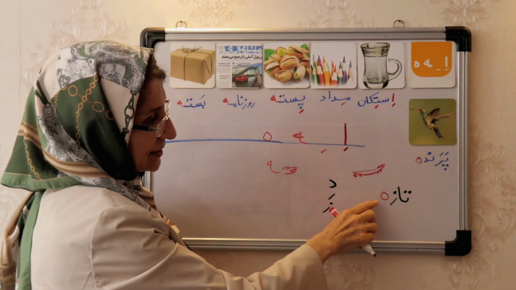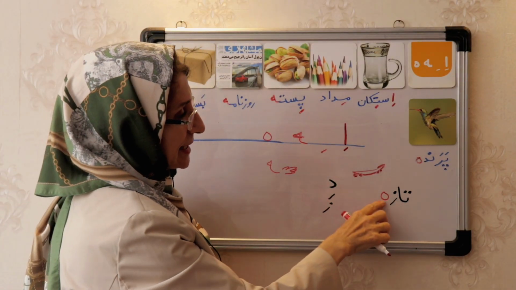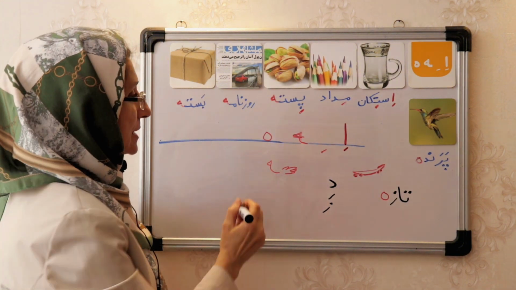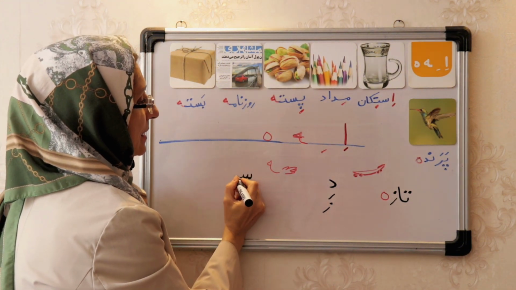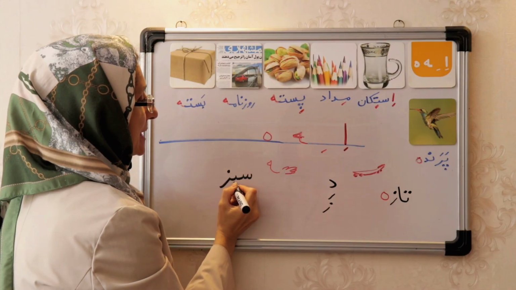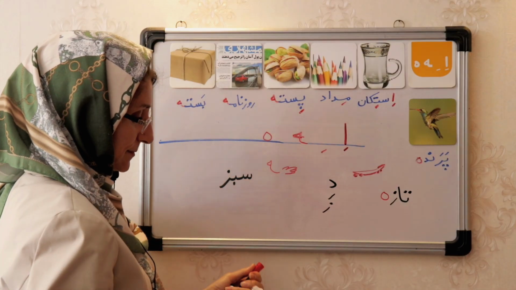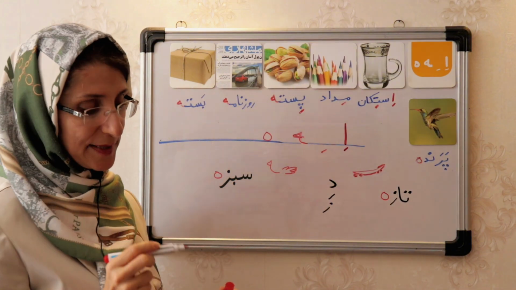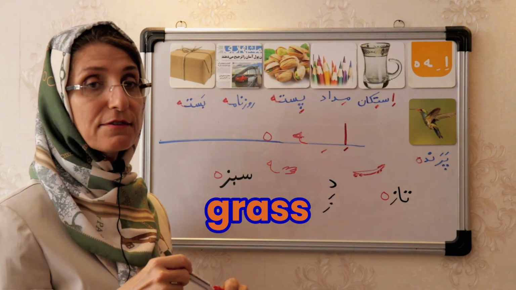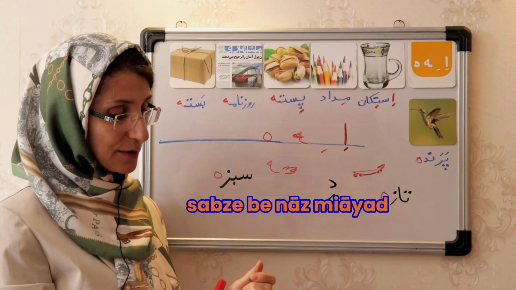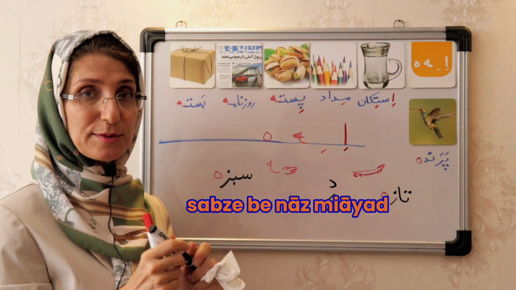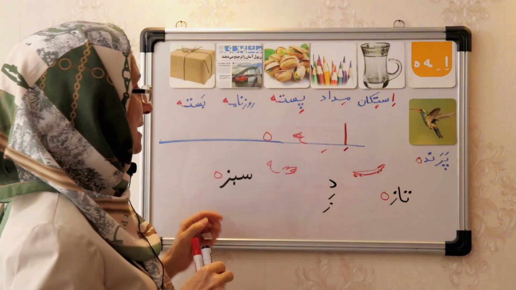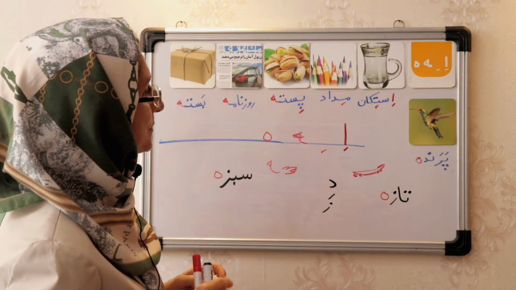You see? تازه. A آخره تنها. Or the word سبزه. Sabze, that we have a very beautiful song in Persian. Sabze be naz mi ayad. In the word sabze, you can see the A sound.